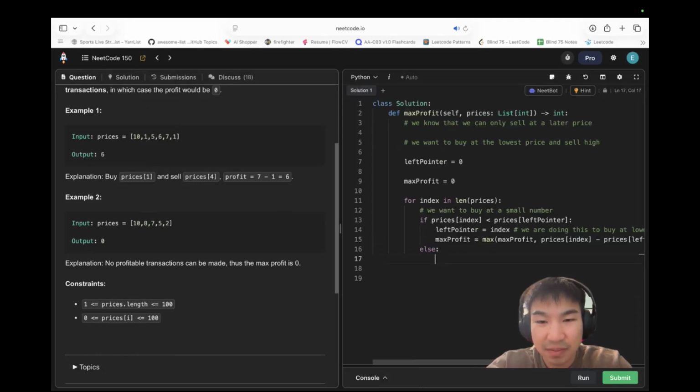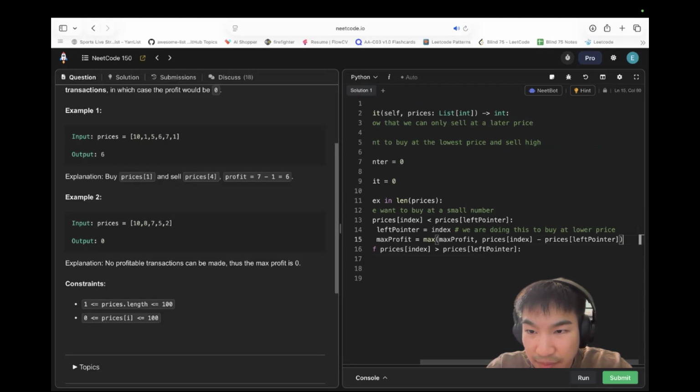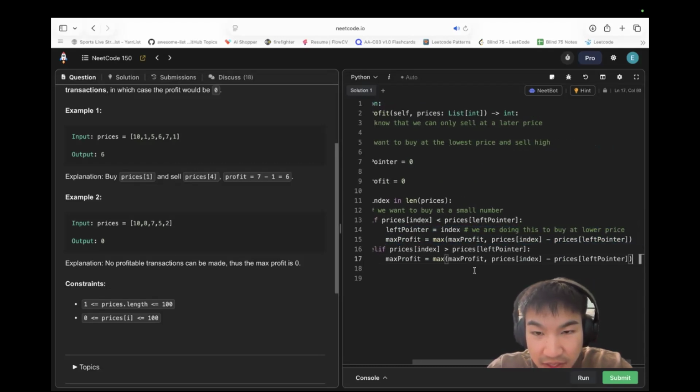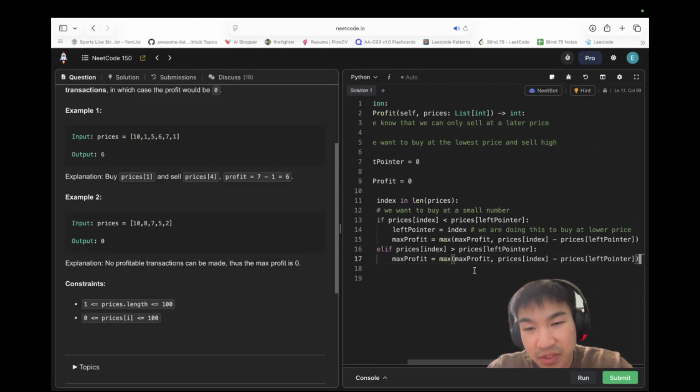I think this might be repetitive, but let's go ahead and say max. I just say else if. Go ahead and just copy this over. Let's reverse this one. Then we'll calculate the max profit. So we're always calculating max profit.